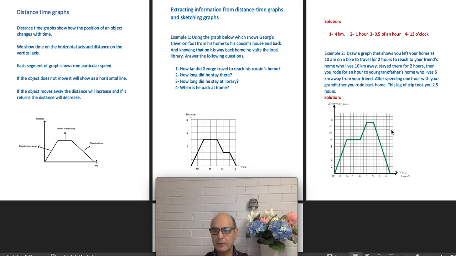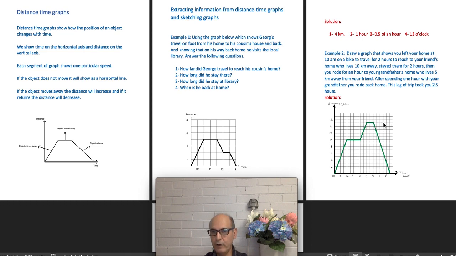So that time, which is shown here, when you are at that time, your distance should be 0 from your house because you are back at your house. In other words, this is the start of your last leg of the trip, and that point represents the end of your trip, because your distance should be 0, you're back at home, and the time that has passed from here is another 2.5 hours.